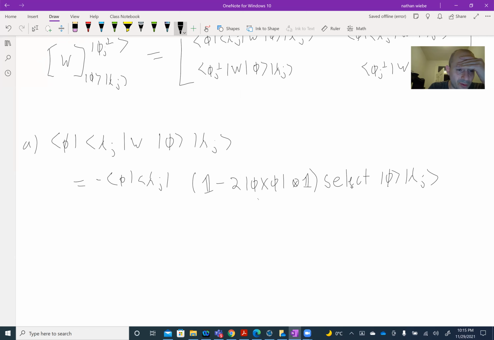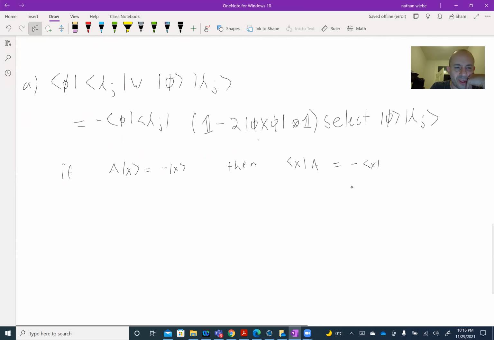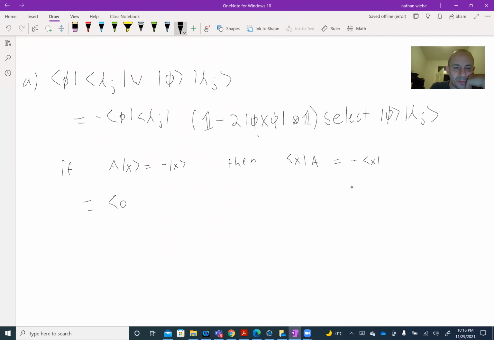In particular, if A acting on X is equal to negative X, then X, just by taking the conjugate transpose of this exact same operation, will give us negative X. So using that property, this whole thing can be rewritten as phi lambda j without the projector, and just select acting in the middle.